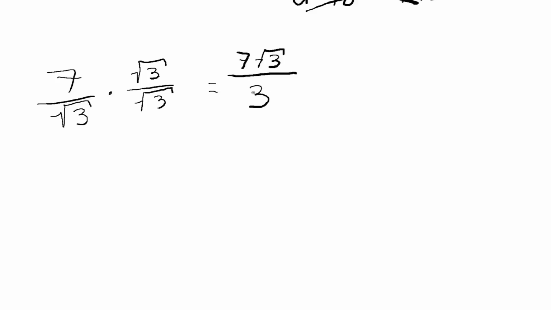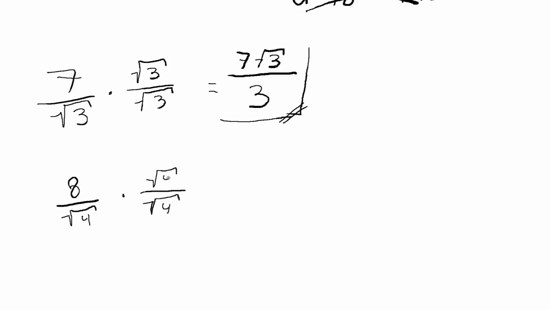Now, what you want to try and do is simplify. This example, you can't simplify, so this is your final answer. But what happens if your question was, for example, 8 over the square root of 4? Mechanically, 4, and this is 8 square root of 4.